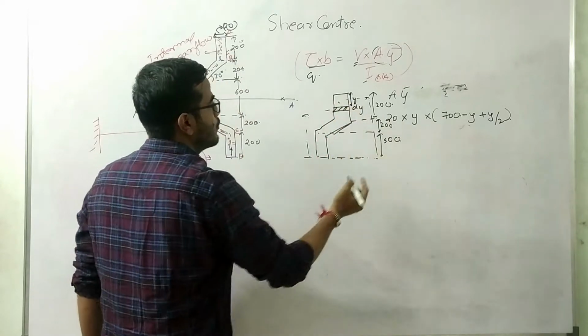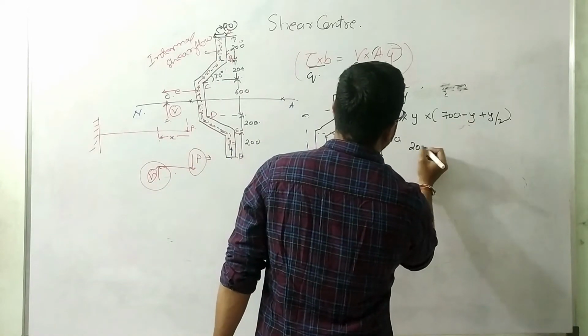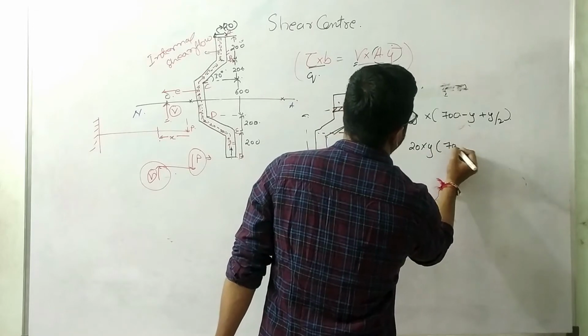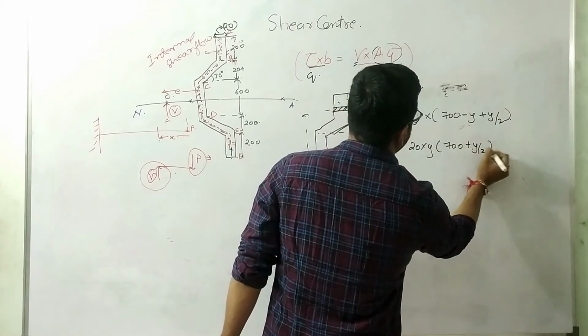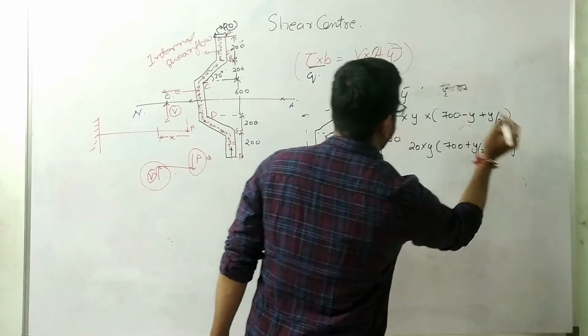So it will be 20 into y into (700 plus y by 2), which is nothing but AY bar.